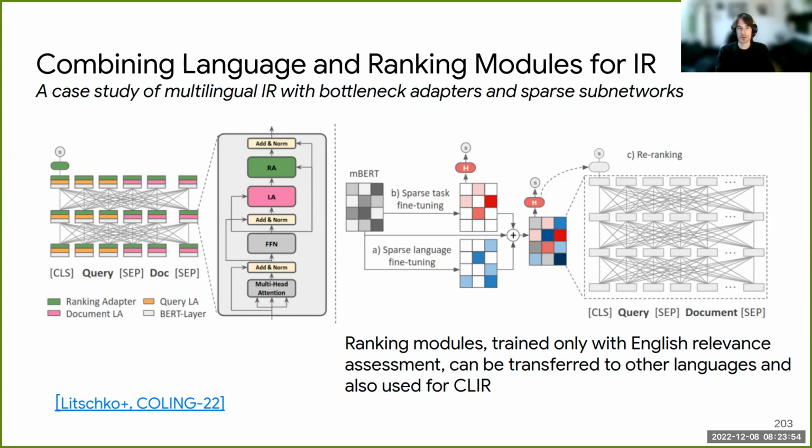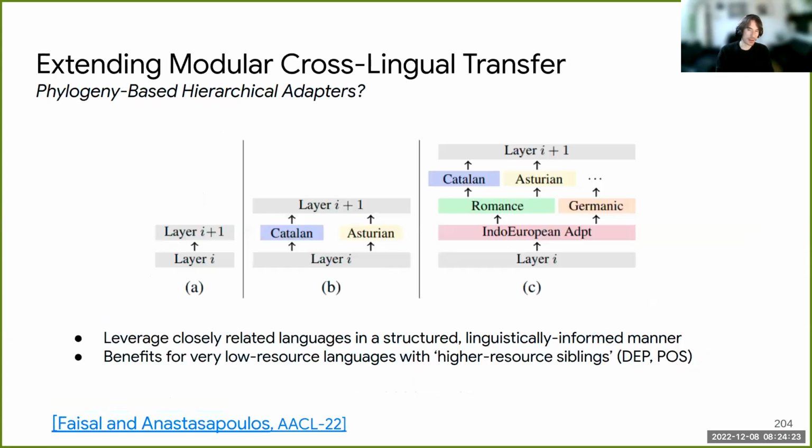And this also enables multilingual information search, where you don't care about the language of the query or the language of the document. If you have those languages supported within your multilingual model and within your modules, you can type a query in one language and search documents in another language. So this is exactly the same idea as with standard NLP tasks, but the application is more towards the IR side.